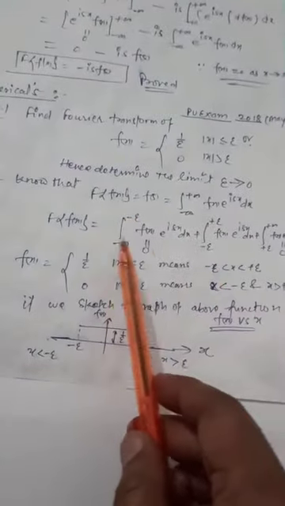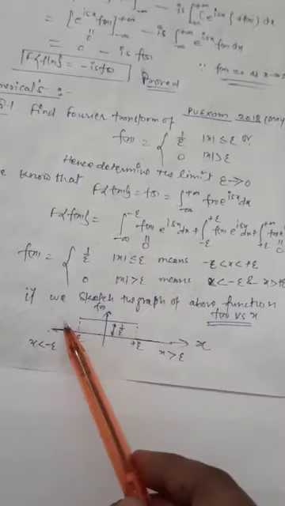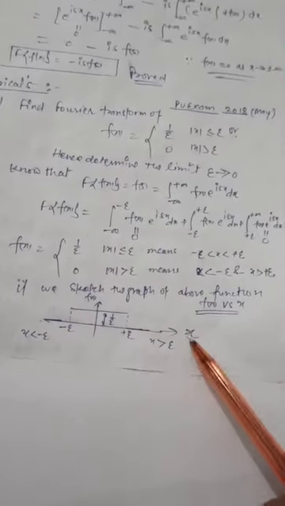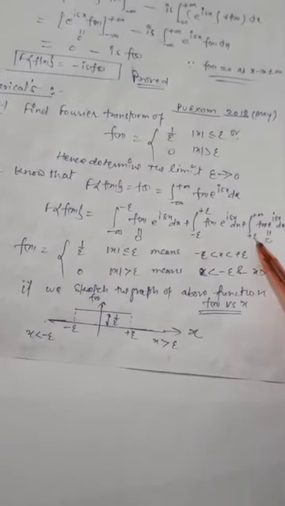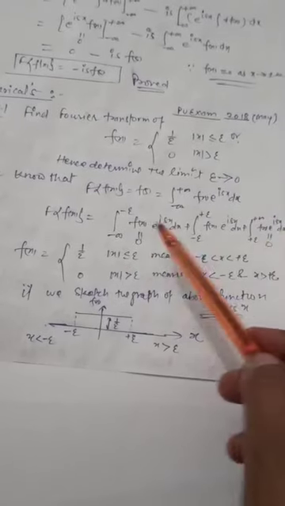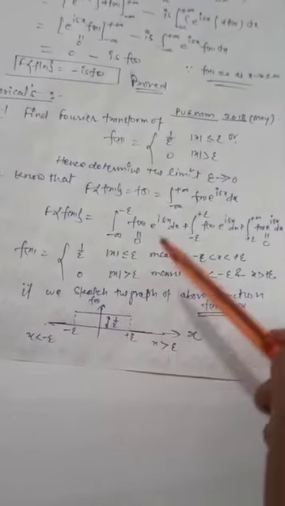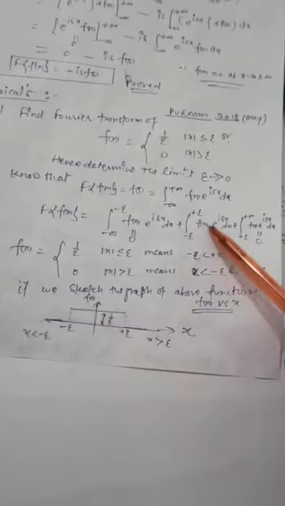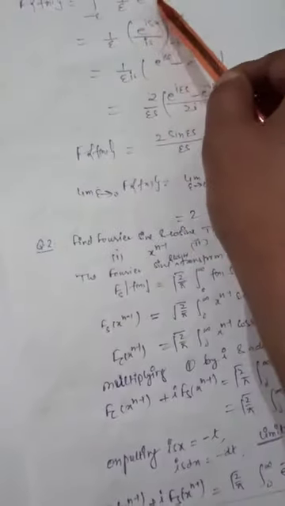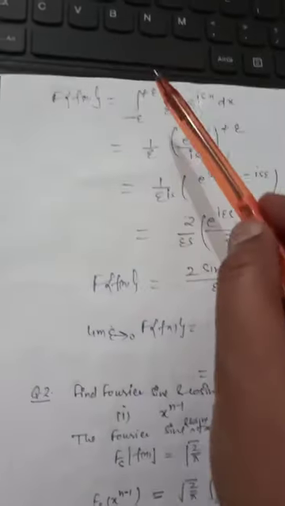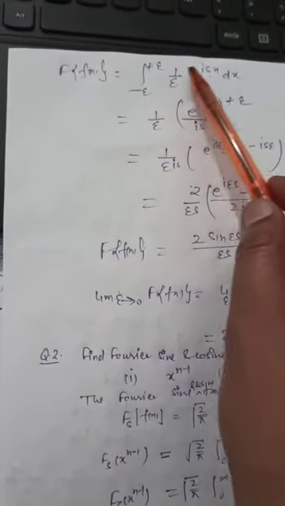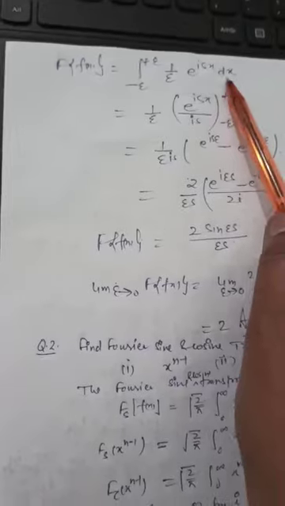Then this integral is 0 due to this range, because here the function is 0, and here the function is 0, because this is the greater than epsilon portion and this is the less than epsilon portion. Only in this portion is f of x 1 upon epsilon. So put it here: 1 upon epsilon, integral from minus epsilon to plus epsilon of exponential iota sx dx.